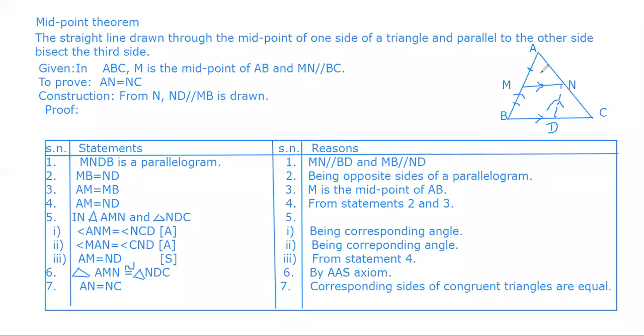Now we take these two triangles where angle C and angle N are corresponding angles, similarly angle N and angle A are also equal corresponding angles, and AM and DN are equal. After proving they are congruent, we can directly write AN and CN are equal.